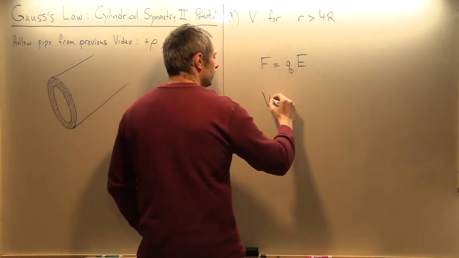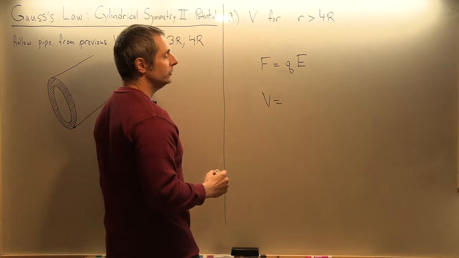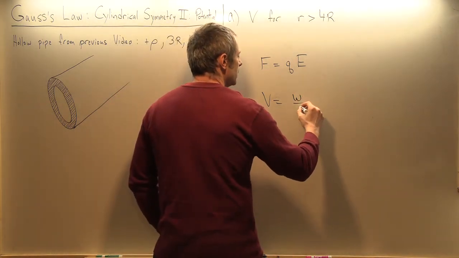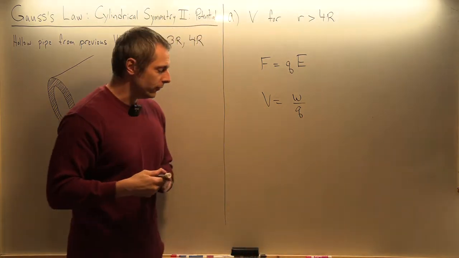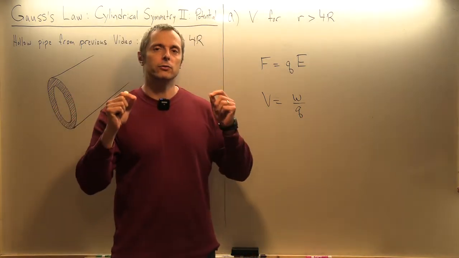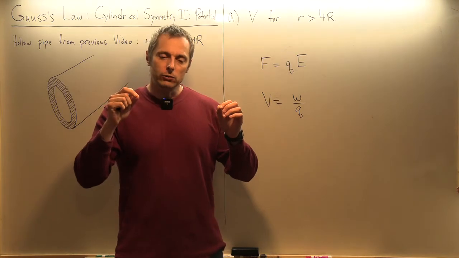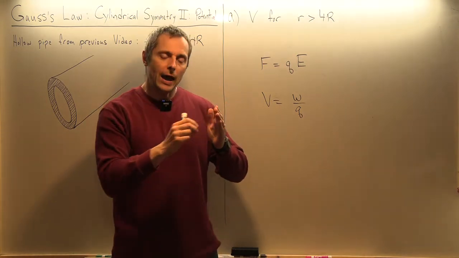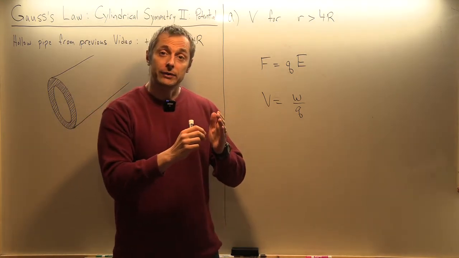Remember, there's a couple different definitions for voltage or potential. Voltage is work over charge, so if you have a certain voltage for a path like a wire, that means when you let a charge go, like an electron, it shoots through that path and comes out with a certain amount of kinetic energy.